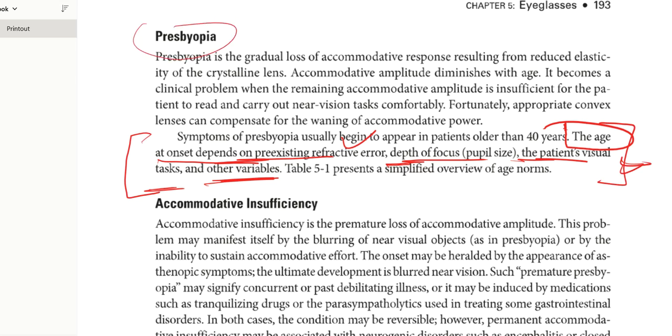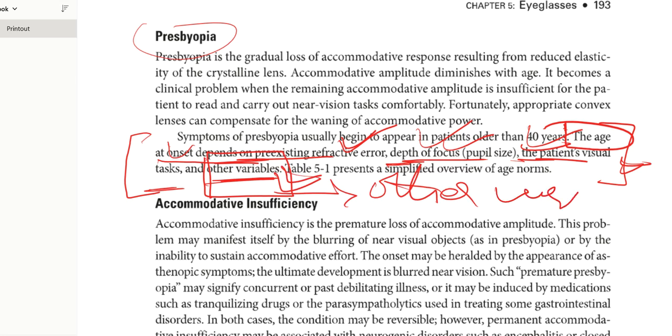Remember that in the ICO exams there are 4 options in every MCQ, not 5 options. In 3 options they gave depth of focus, patient's visual task, and refractive error. In the fourth, there were other variables. So you have to tick other variables, because it depends not only on these but also on other variables. Please remember this.